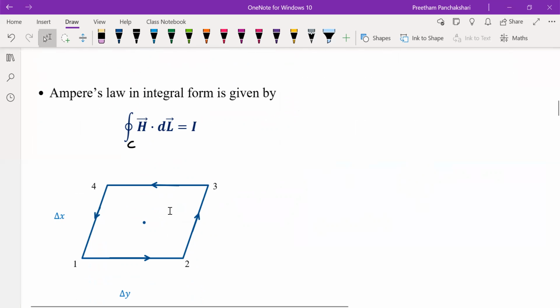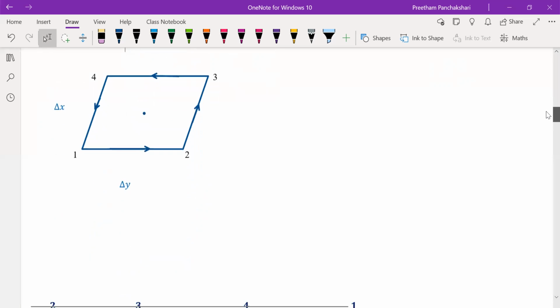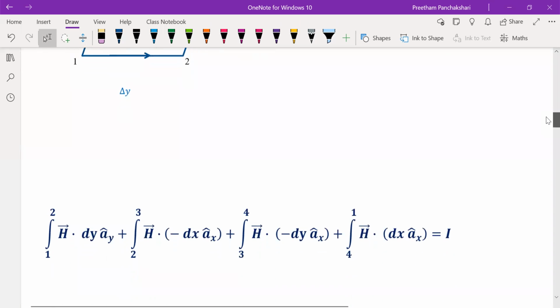I have a closed path C here given in the picture. I would like to split this closed path C into 4 different straight line paths, 1 to 2, 2 to 3, 3 to 4, and 4 to 1. And we shall evaluate the integration.